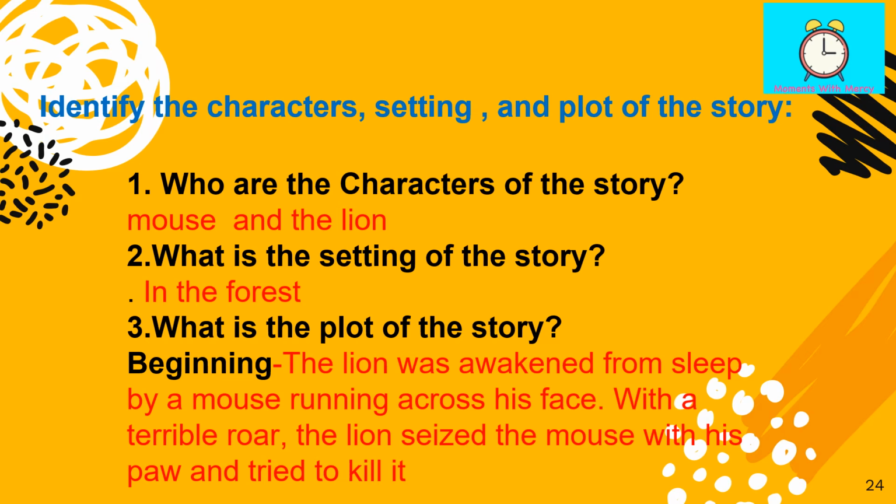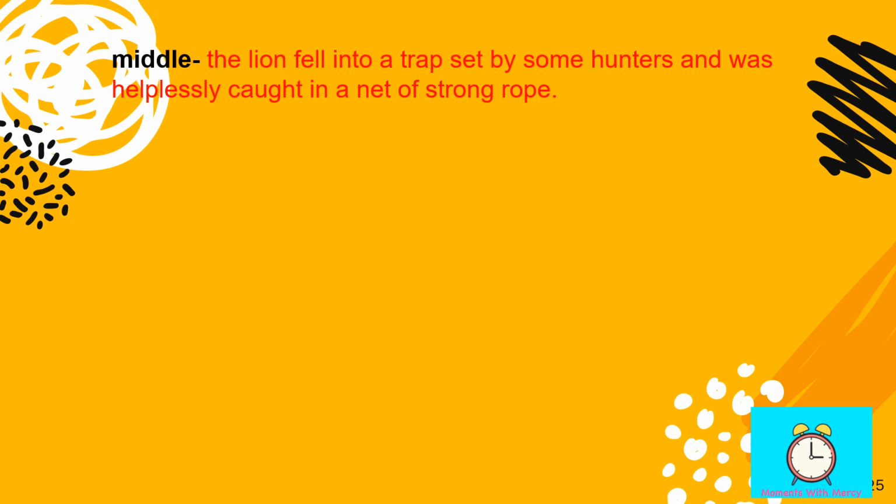Now, can you guess what is the middle plot of the story? Correct. The lion fell into a trap set by some hunters and was helplessly caught in a net of strong rope.